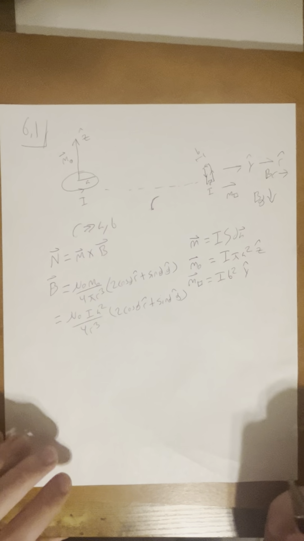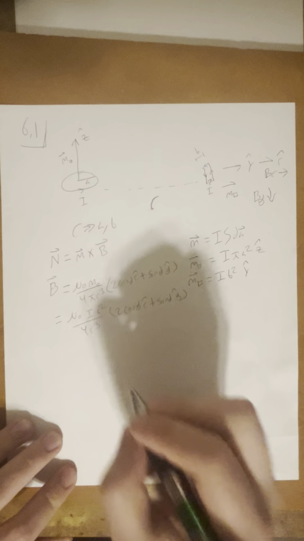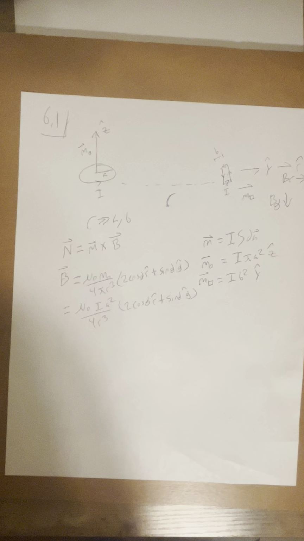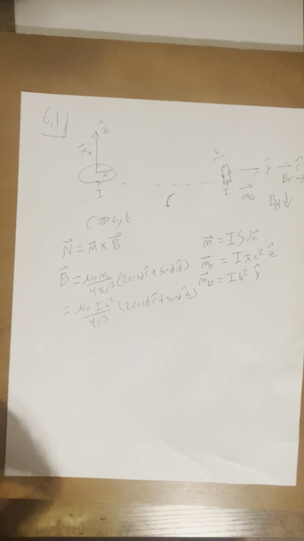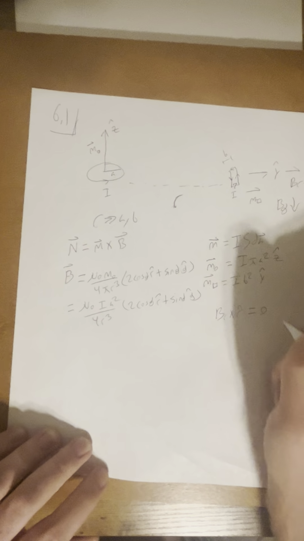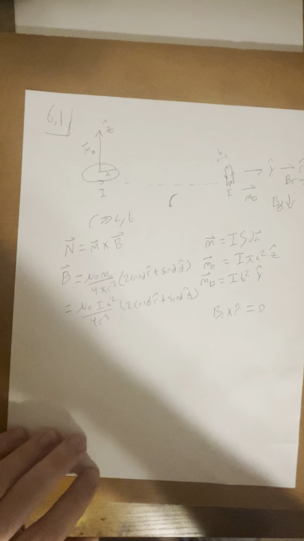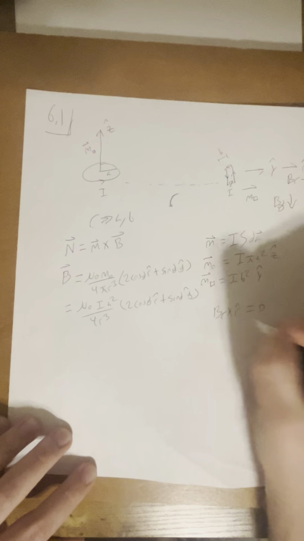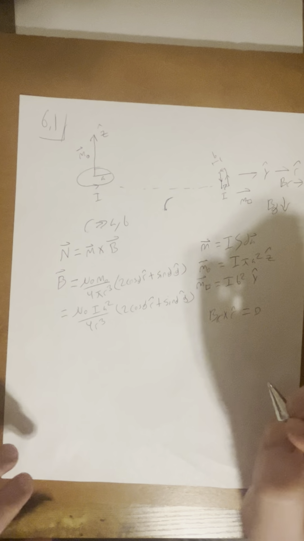So now we know that the torque is equal to M cross B. We know that M square is in the y hat direction, which we'll say is r hat, and the r component of our magnetic field, B_r, crossed with r hat will just give us 0. So we don't need to worry about the r hat component of our magnetic field. We only have to worry about the theta hat component.